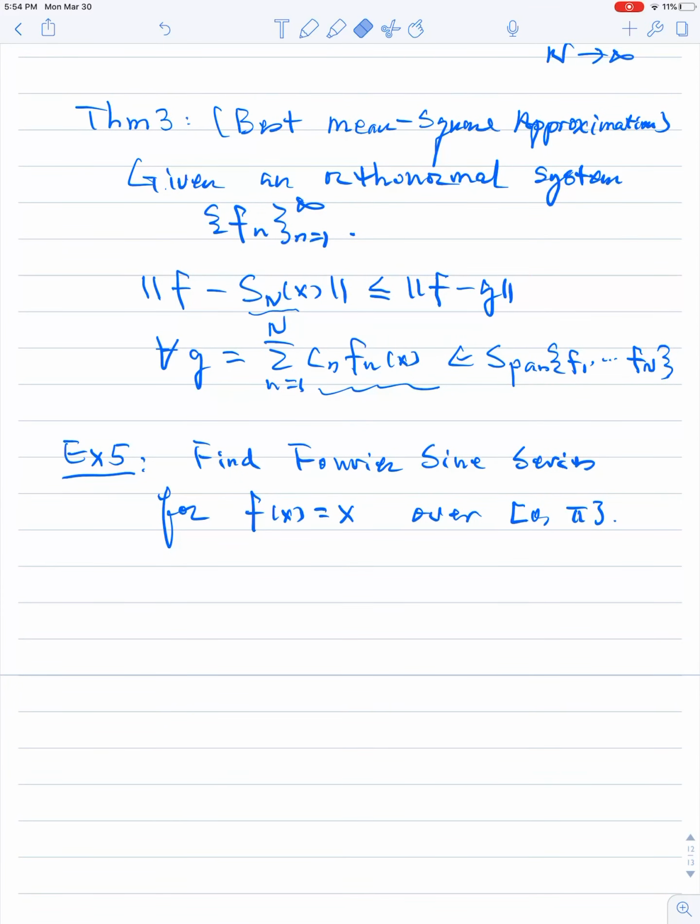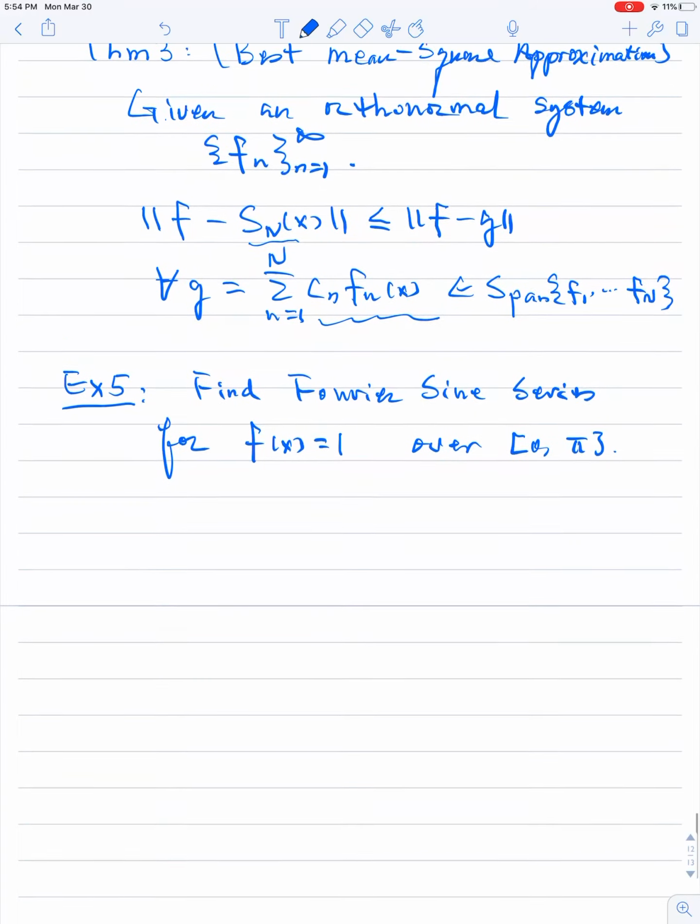Now just to keep it simple, just let this equal 1.